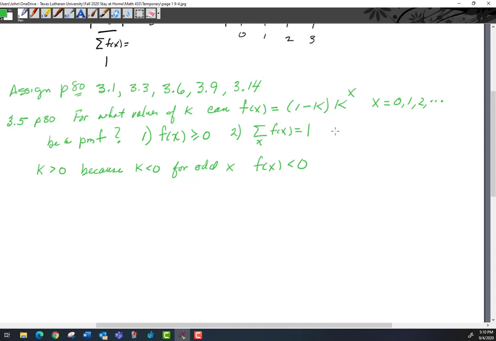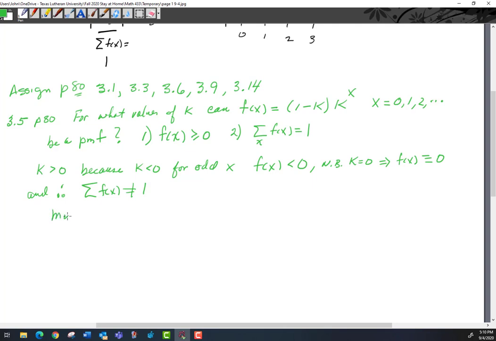If k is equal to 0, so this will be a nota bene, k equals 0 implies that f of x is identically equal to 0, and therefore sigma f of x, that's the second condition, cannot be 1. So we don't know as much as we'd like to know, but we know something.